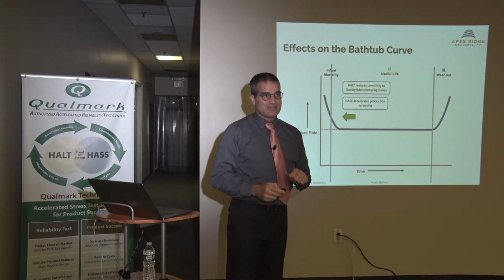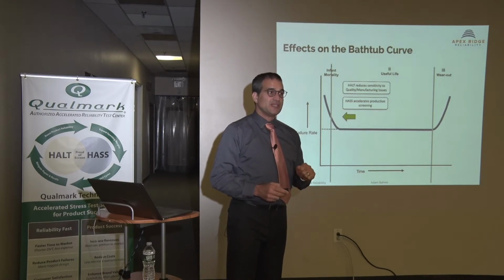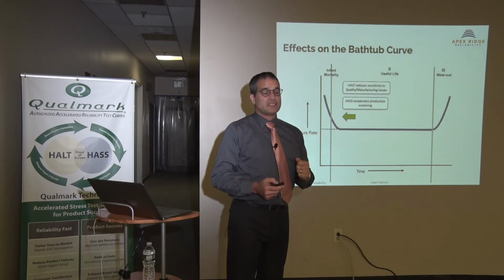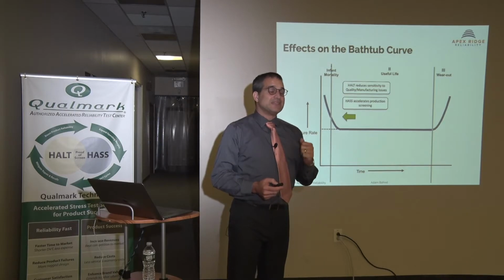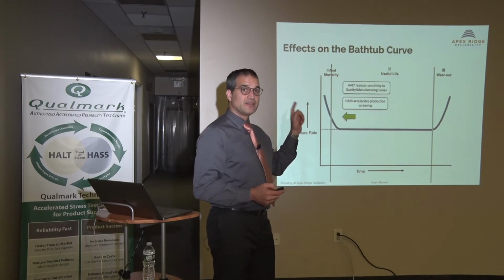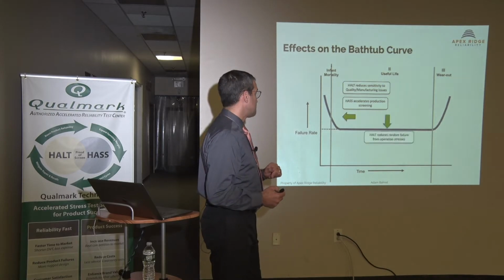And HAS testing, which is highly accelerated stress screening, is one of the most advanced ways to do a quality inspection in production, and is a derivative of HALT testing. You cannot create a HAS profile without having done HALT testing in product development. So it helps greatly there in the first part of the curve.